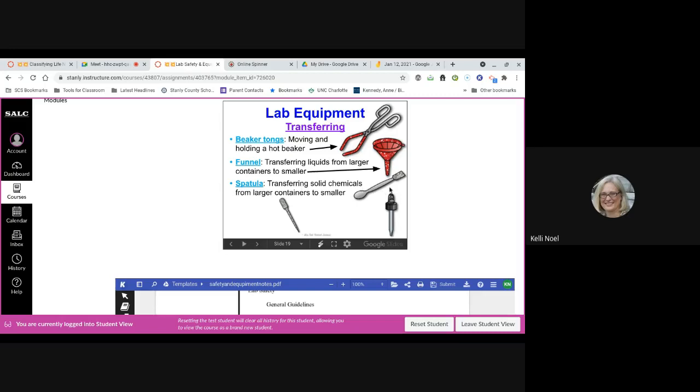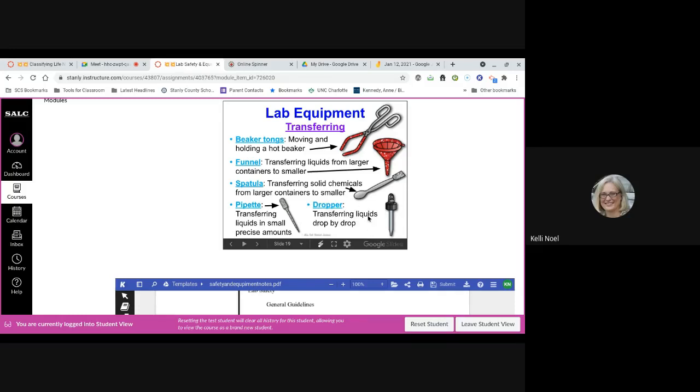This is a spatula, and it allows you to scoop up a little bit of solid and put it into a larger container, or from a large container to a smaller one. This is a pipette, and a pipette is going to have these little measurements on it. We tend to call it a dropper, but it's really a pipette. This would be what a dropper would look like.